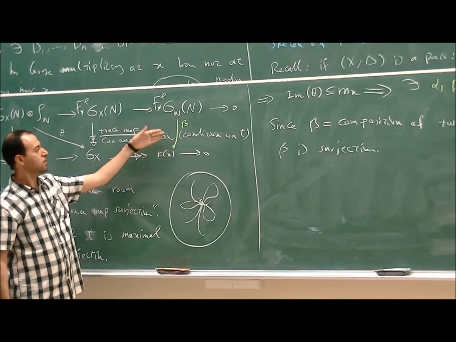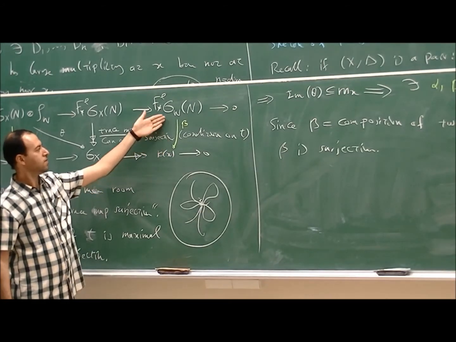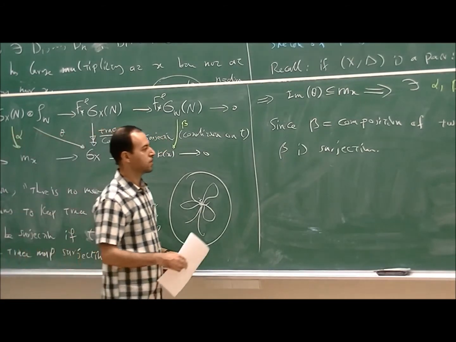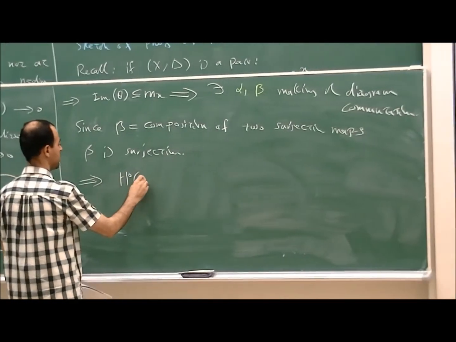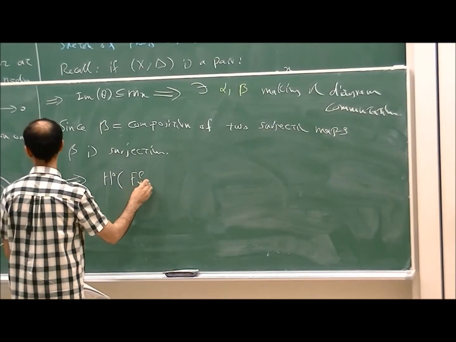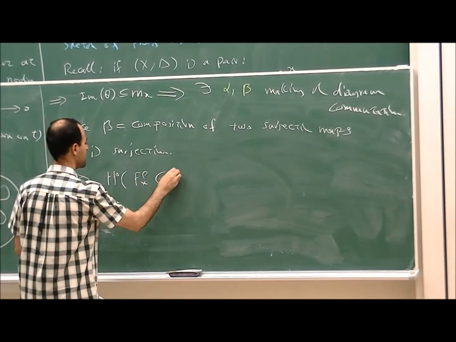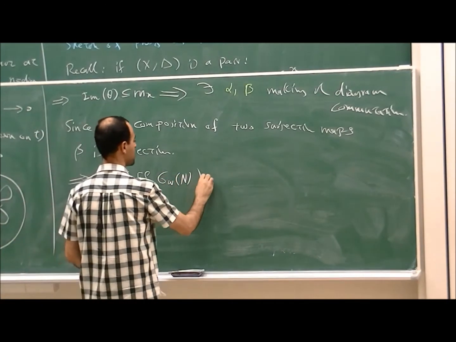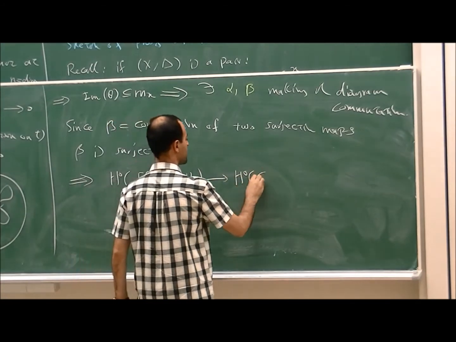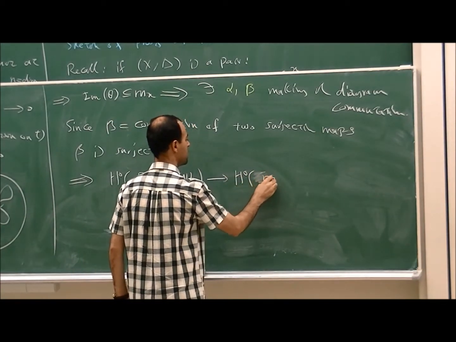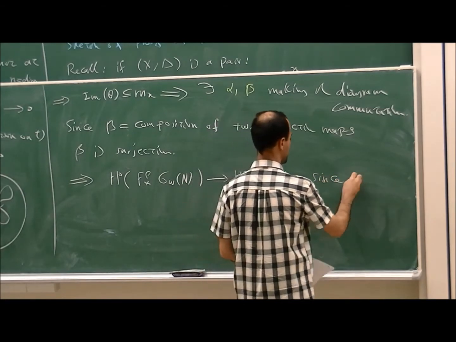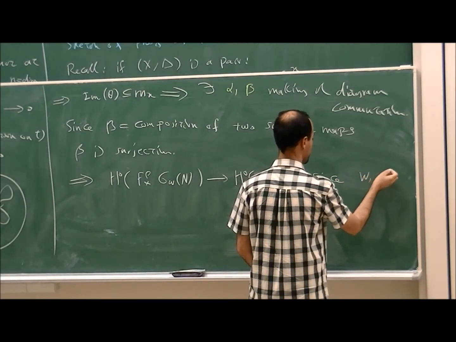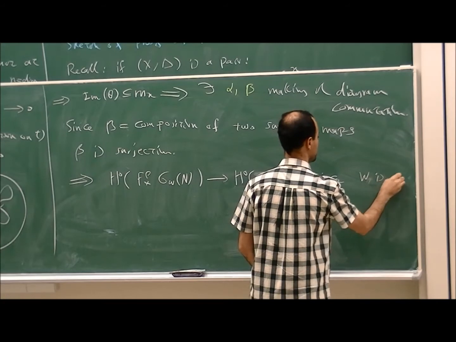So if the map is surjective as a map of sheaves, it's also surjective on global sections. So in fact, this is surjective, since W is affine.